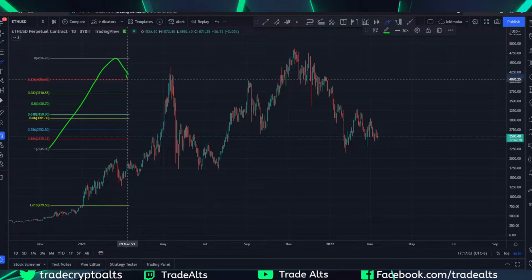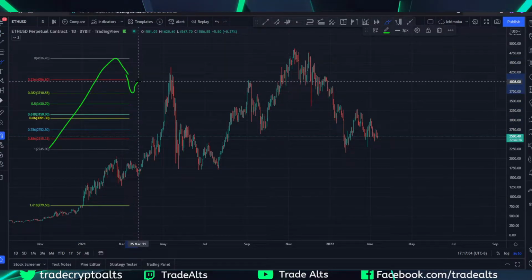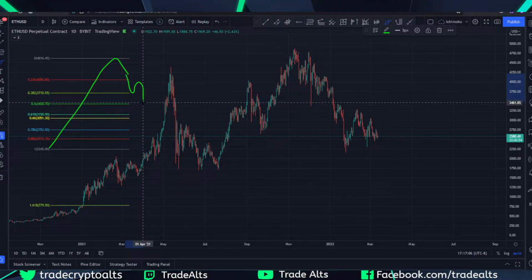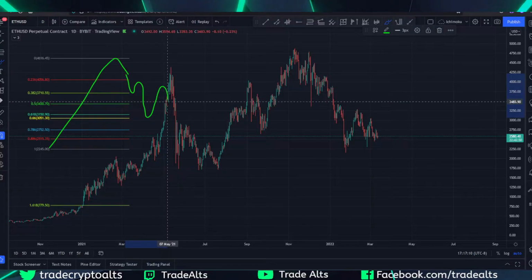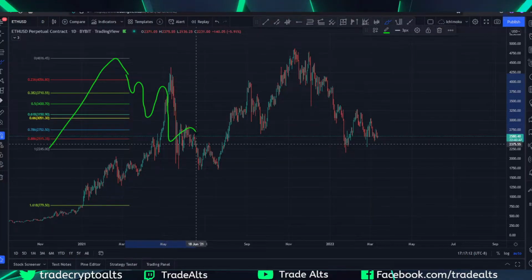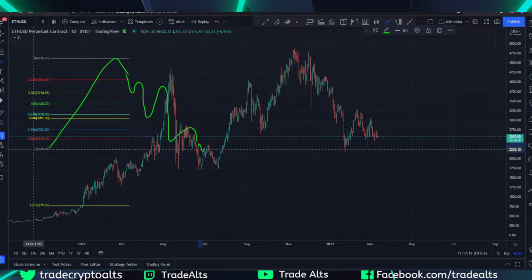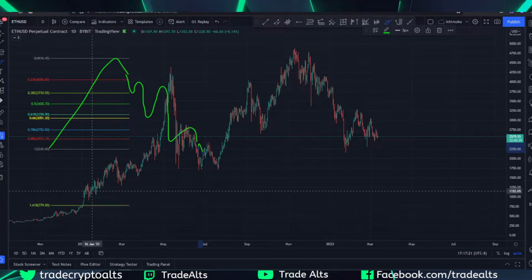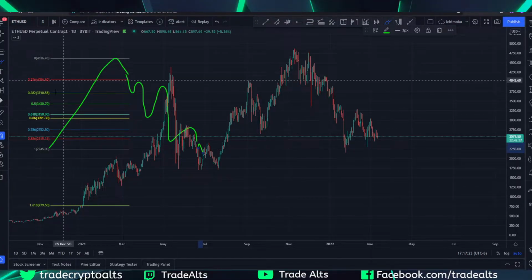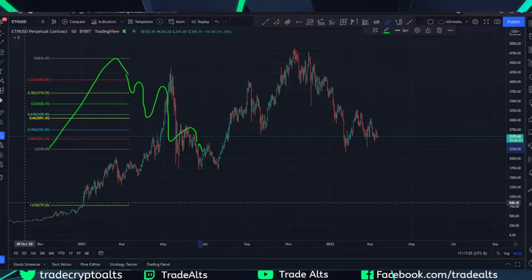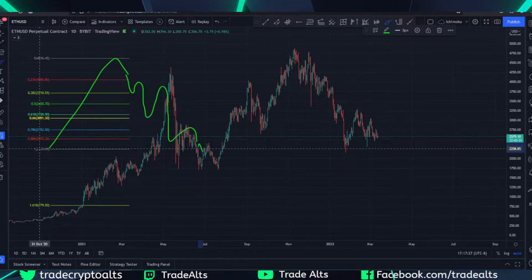So let's say price comes down, you get a bounce off your 382, nice reaction, but it ultimately continues lower, then comes into your golden pocket, gives you another nice bounce, and then it's just working its way down, right? I know it's kind of ugly, but eventually once it takes this low here, that's when this comes into play. This is where your fib retracement turns into a Fibonacci expansion, because now you've broken this lower pivot.